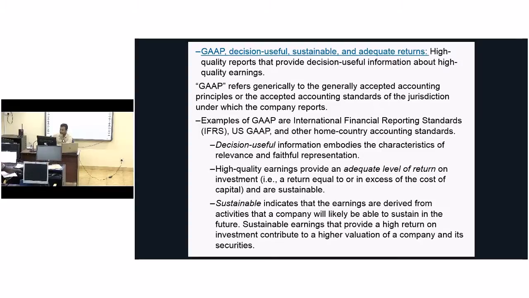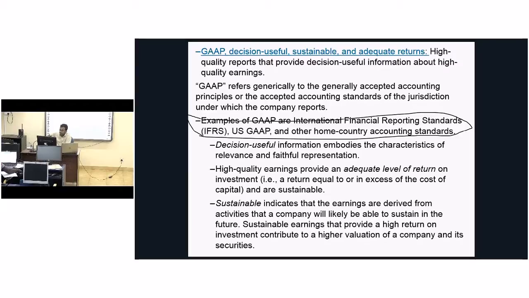You can see this area. Quality reports that provide decision useful information about high quality earnings, that's what I said. Quality reports that provide decision useful information means high reporting quality. Sorry, I made a mistake. Yeah, high reporting quality will become high quality earnings.